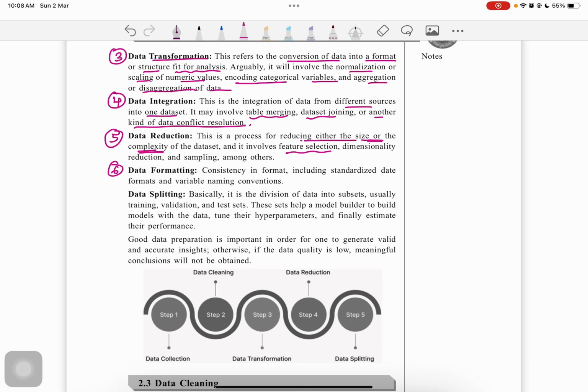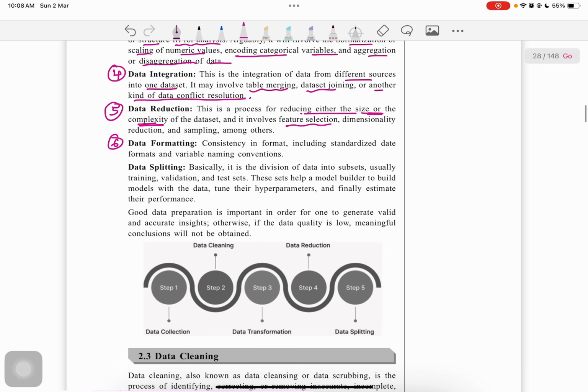Next is data formatting. Consistency in format, including standardized date formats and variable naming conventions. Formatting means we have to follow the same format. For example, if we have asked our respondent to write the date in DD, MM, YY format, and someone has written the 7th month with the 13th date and, for example, year 2025, so this is not the DDMMYY format.